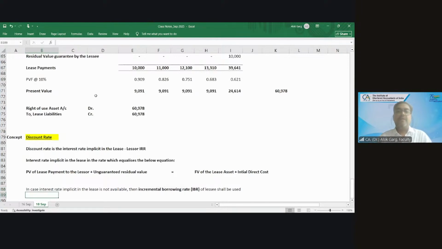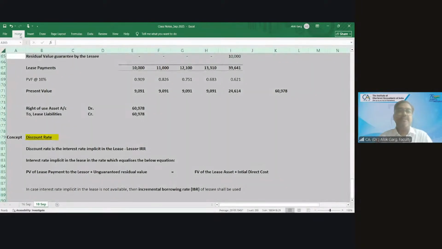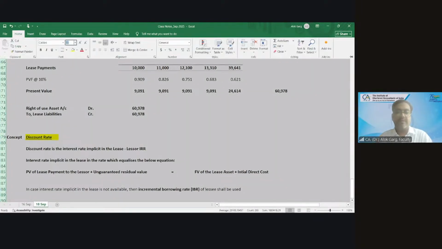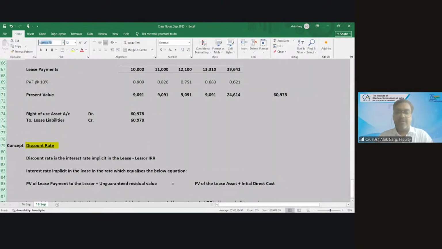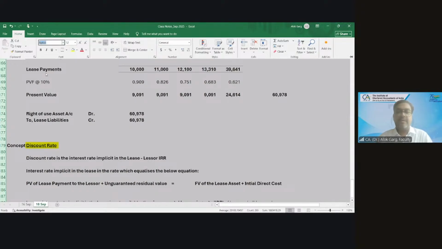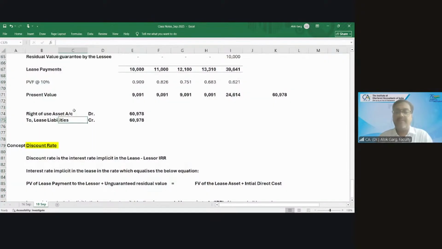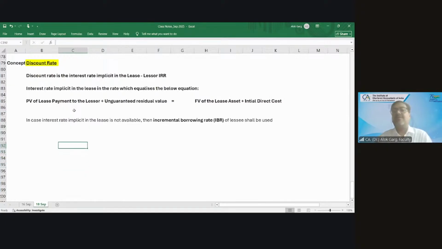Okay. Clear? Is that clear? So this is the concept of discount rate. I hope it is very much clear to all of you. Yes, sir. Very much clear.